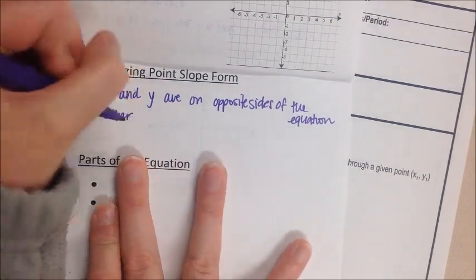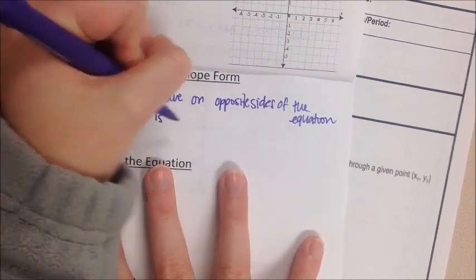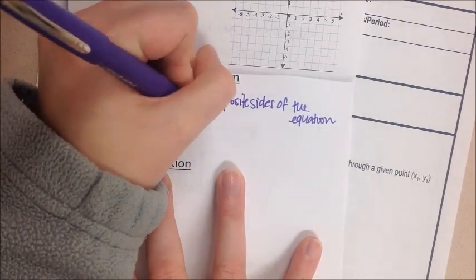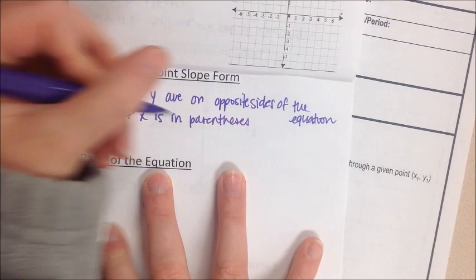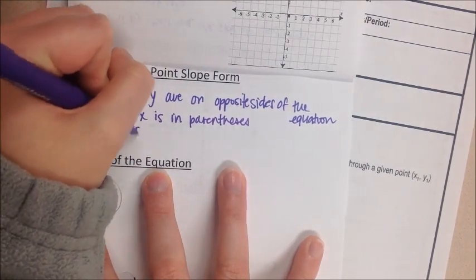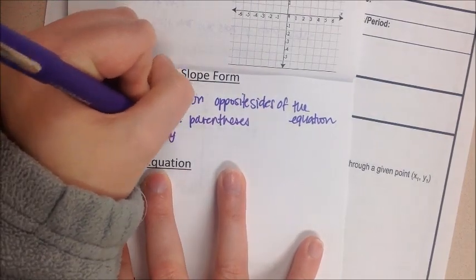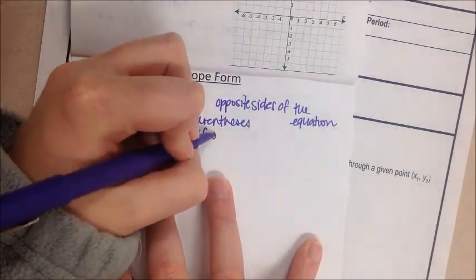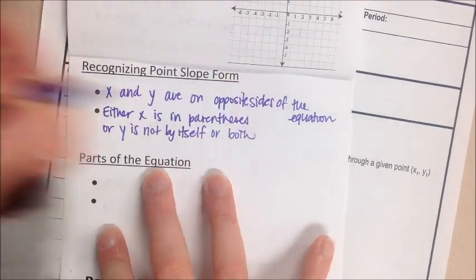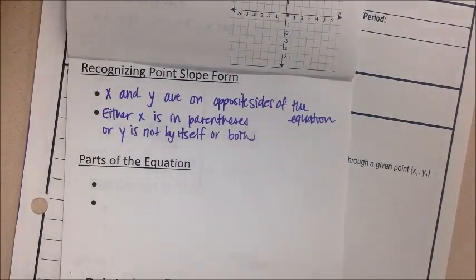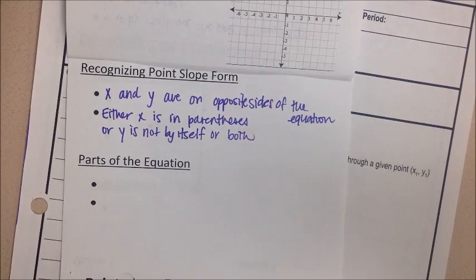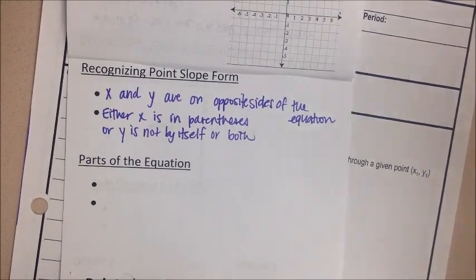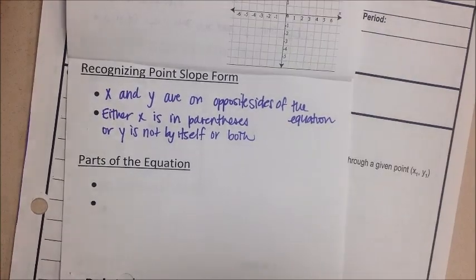Either x is in parentheses, or y is not by itself, or both. Our point might have a 0 in it, and if the y-coordinate of your point was 0, you wouldn't necessarily have y minus something, and I'll show you what I mean by that.